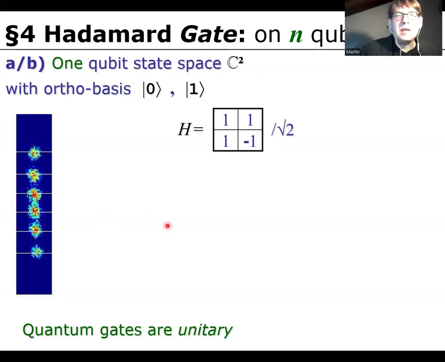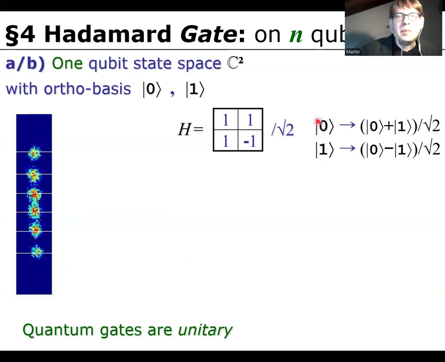And we can see that by how it acts on the 2 basis vectors, namely the first basis vector becomes this entangled state, and the other one becomes this entangled state. Note the square root of 2 is simply a normalization factor to make sure that the result is still a unit vector of Euclidean length 1. And again, please verify that this is a unitary matrix.